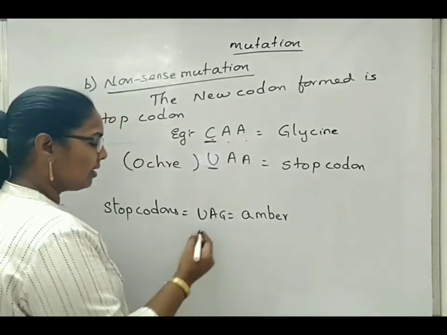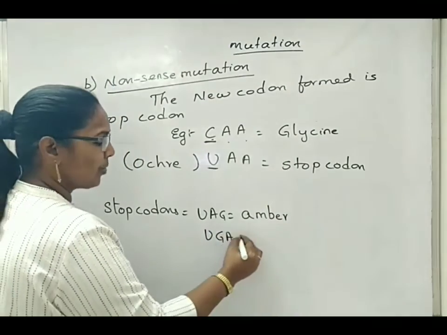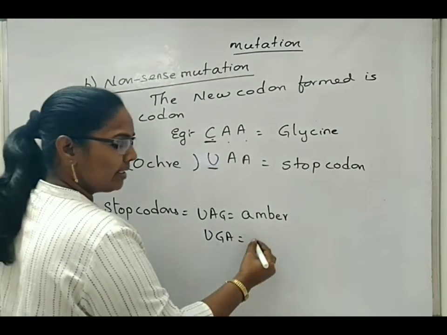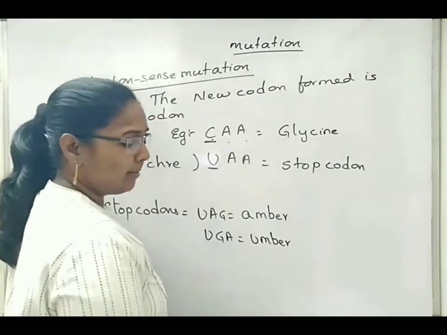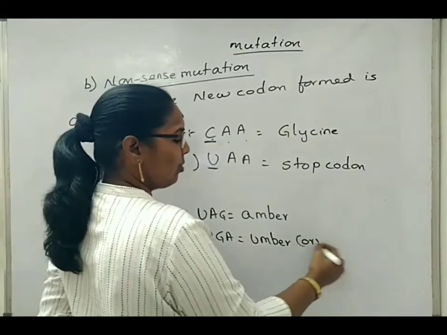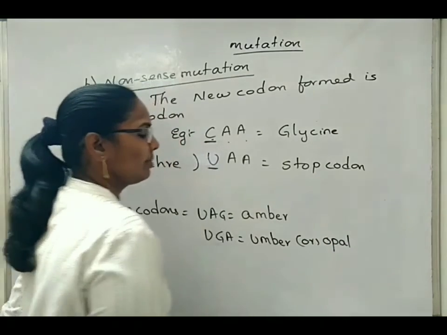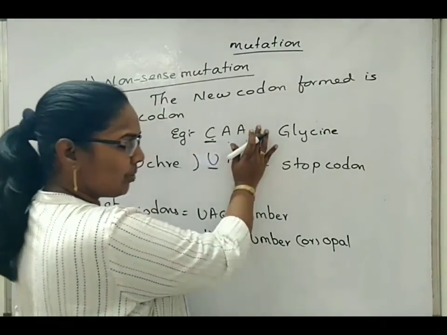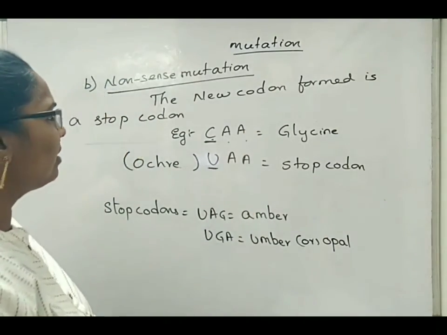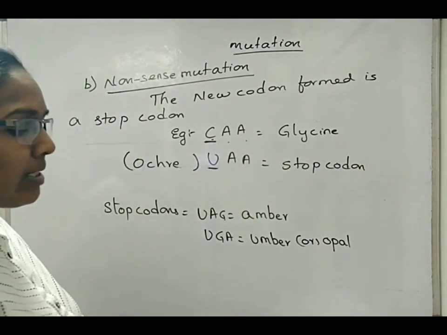Now, there is another type of stop codon, that is UGA. This is also pronounced similarly, but the spelling is different, which we call OPAL. Okay, so these are the three types of stop codons, but we are discussing only one type of stop codon that is formed because of the nonsense mutations.